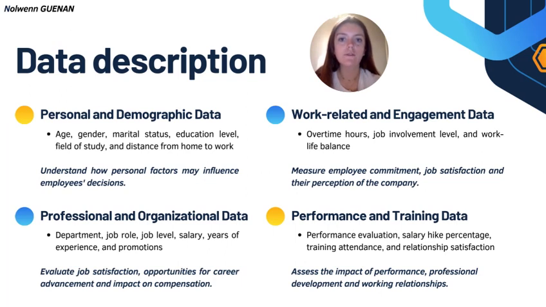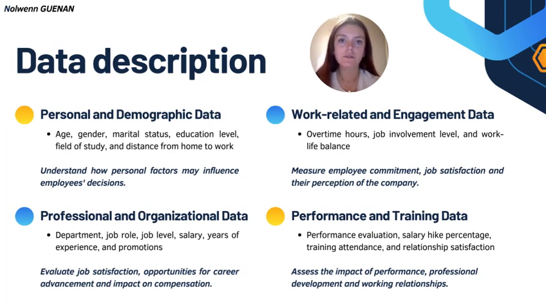Then we have the work related and engagement data with the daily rates, job involvement, but also data on the work life balance, in order to understand the employee engagement and satisfaction.